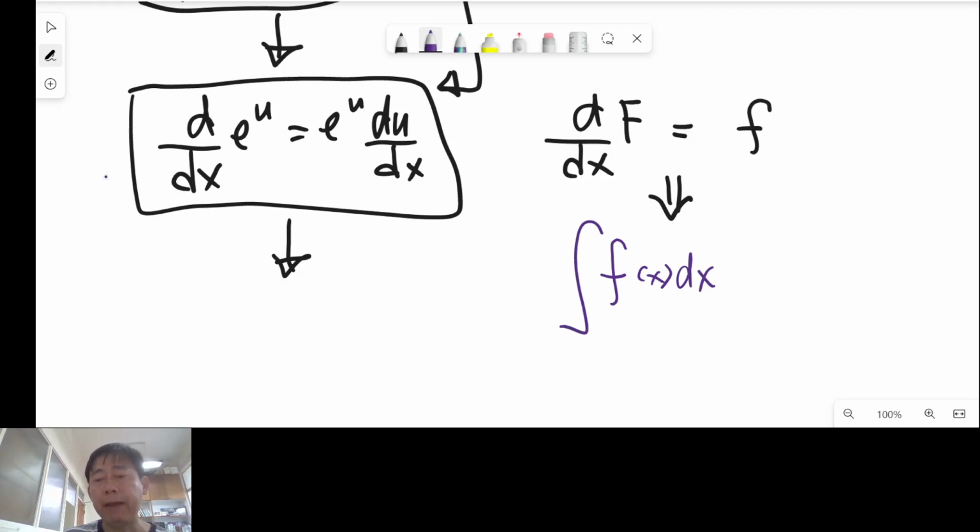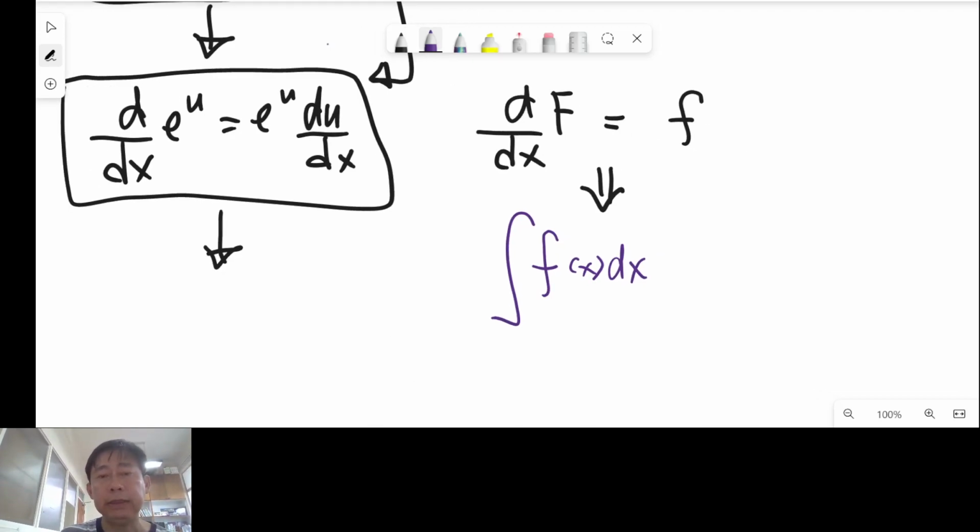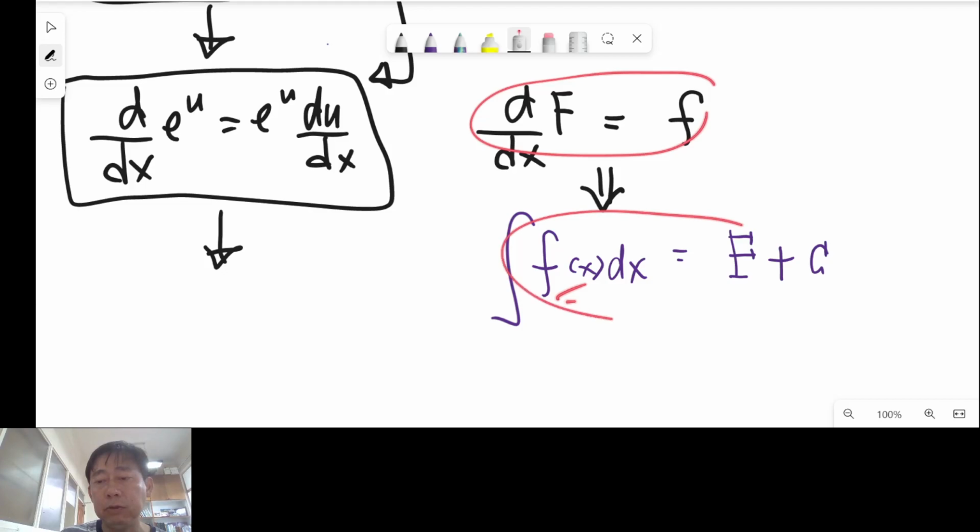The antiderivative of f is represented by this indefinite integral. F is just one antiderivative, so if you add any arbitrary constant, it will still be an antiderivative of f. Therefore, this transfers to this equation.